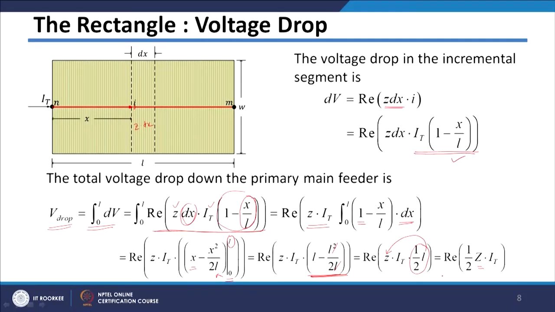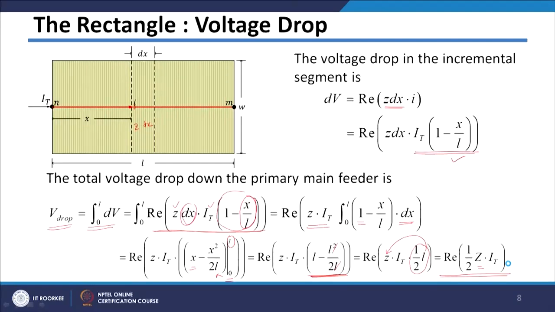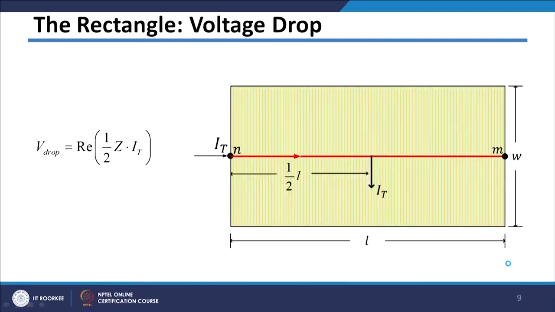So, we have got the equation of voltage drop for a rectangular distribution area, and from this we can easily see that if you take half the distance, that is half of Z, you need to lump the total current.